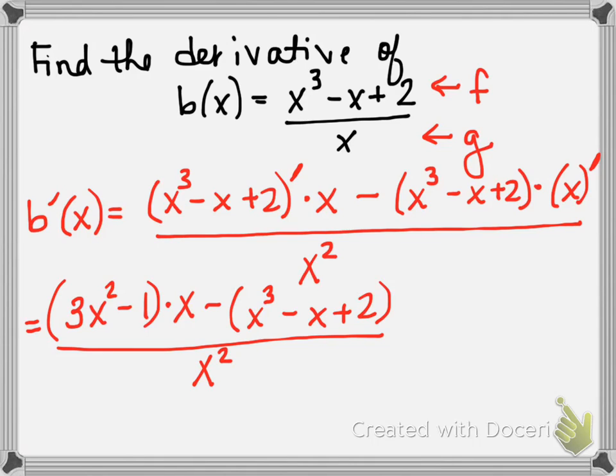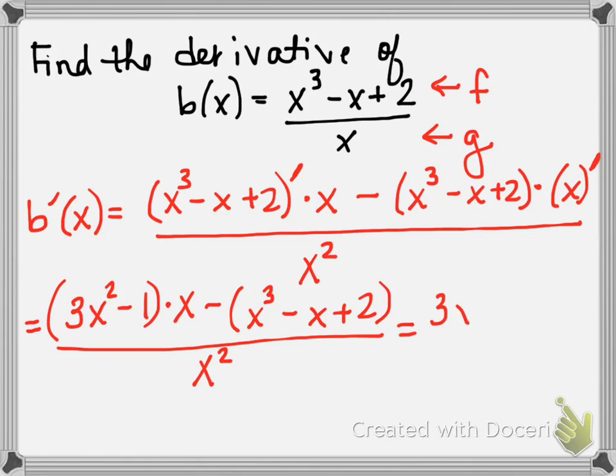Now in class, this is not the answer we came up with, but of course right now this is very unsimplified. In class we came up with 2x squared minus 2 over x squared. So let's see if we can come up with that same answer. Let's simplify the numerator.